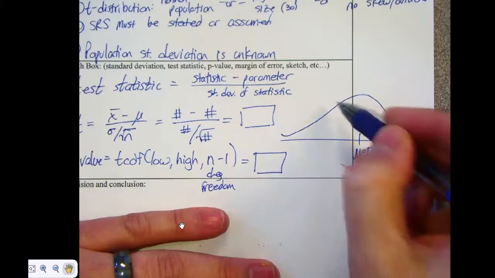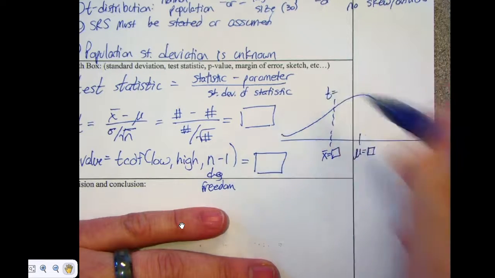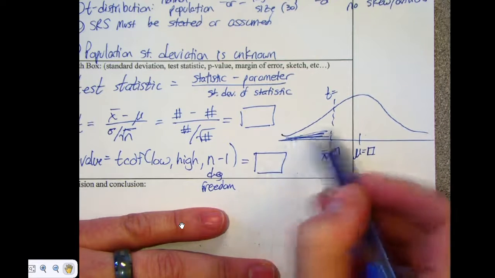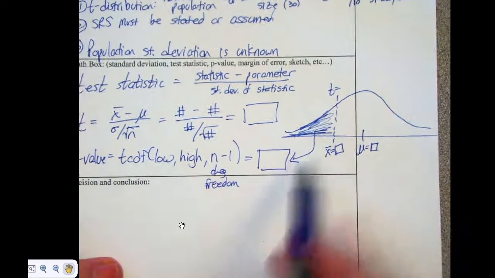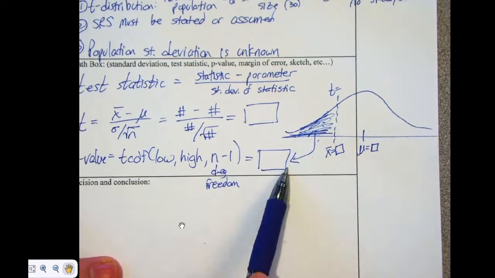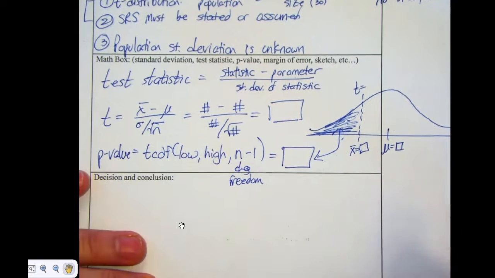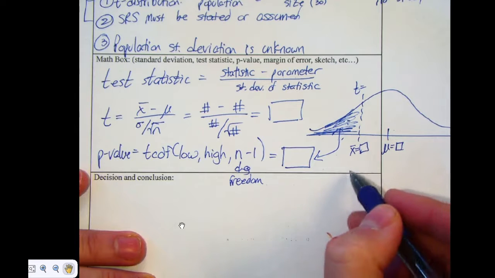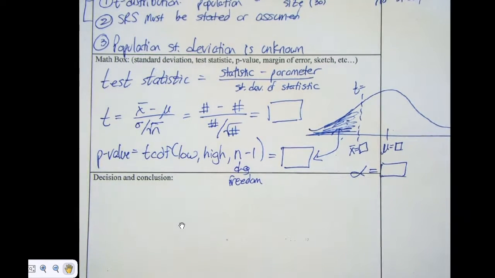You put what mu is, you put what your x bar is, you put what your t is, and then this shaded area, I like to draw a line there to let them know I understand that the size of this shaded area is my p-value. You're going to have an alpha that they'll give you. You just need to write it down.